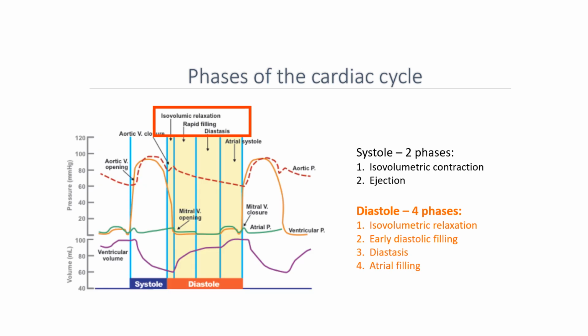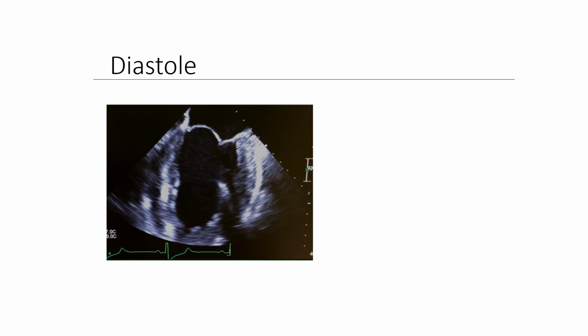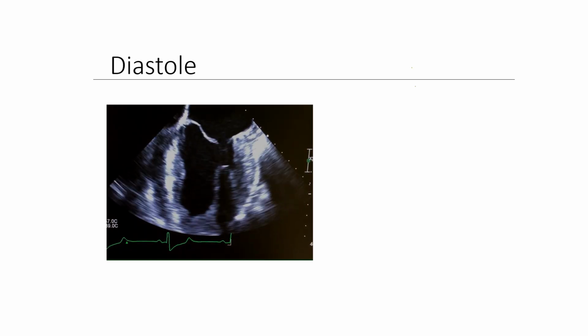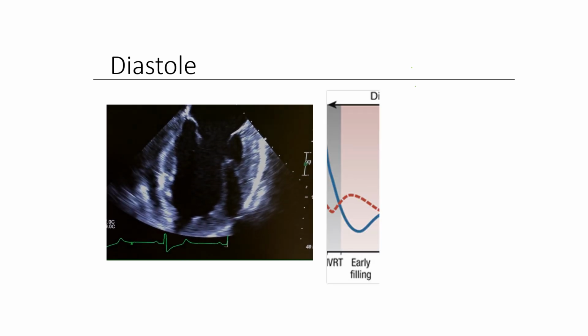So we talked about the phases of the cardiac cycle. Keep this in mind, that there are 4 phases of diastole: the isovolumetric relaxation, early diastolic filling, diastasis, and atrial filling. And see if you can identify all 4 phases here. First, we have isovolumetric relaxation. Then the mitral valve opens and there's early filling.